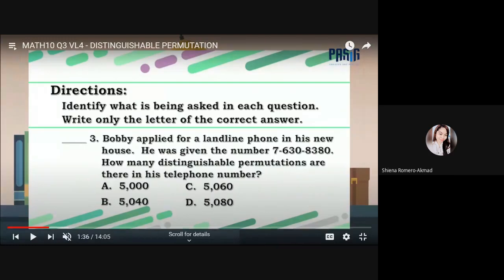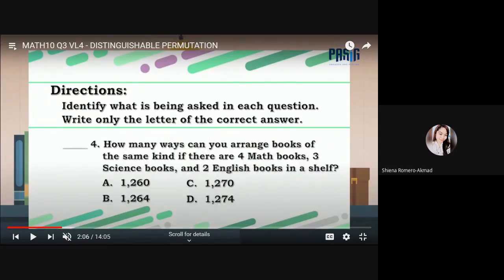So, meron tayong mga same elements. So, we cannot distinguish alin dyan yung 3 na isa, alin pa yung isang 3. So, if we use the formula for distinguishable permutation, we'll get letter B as the answer.